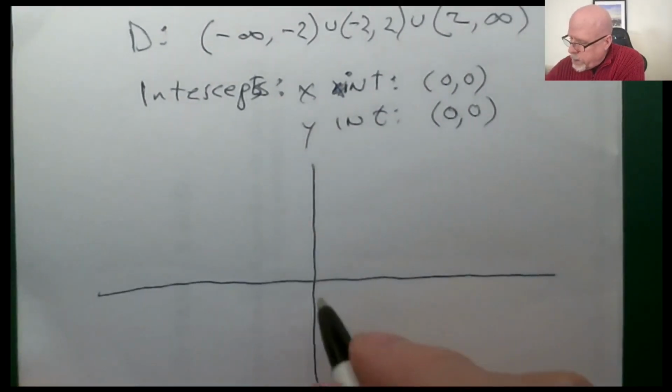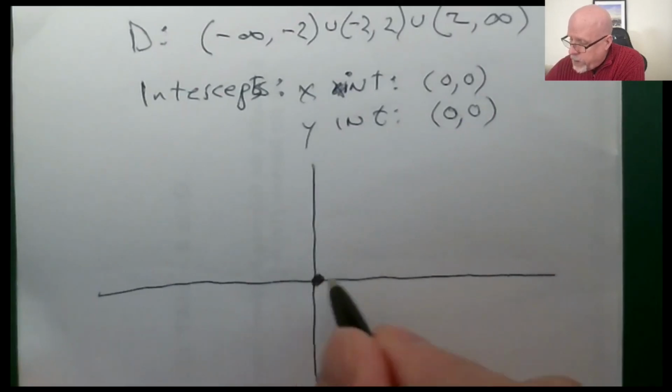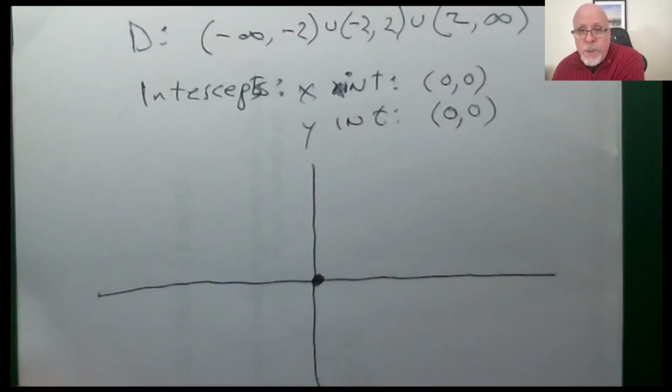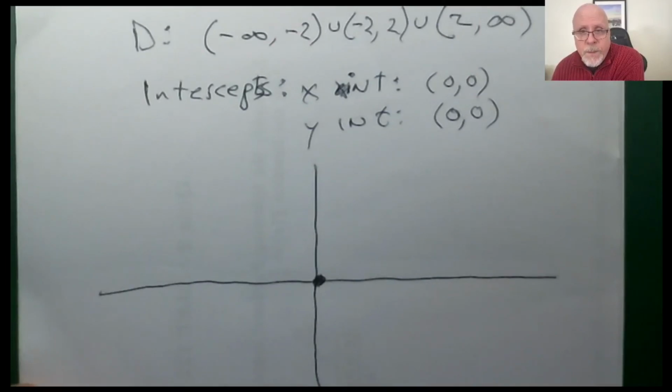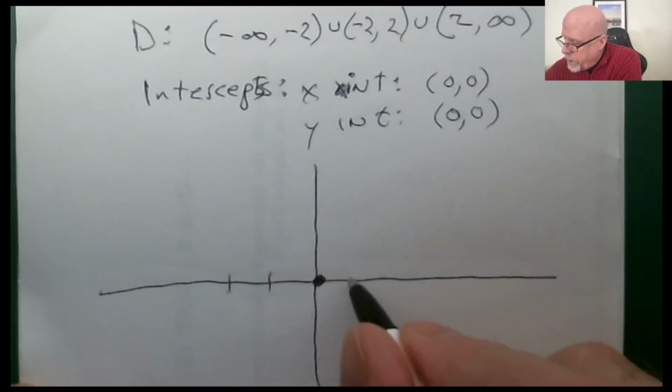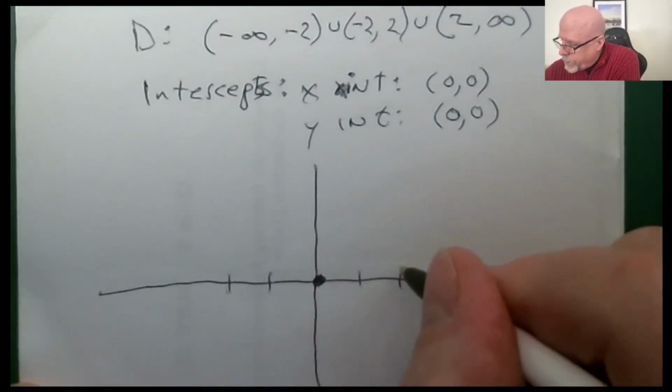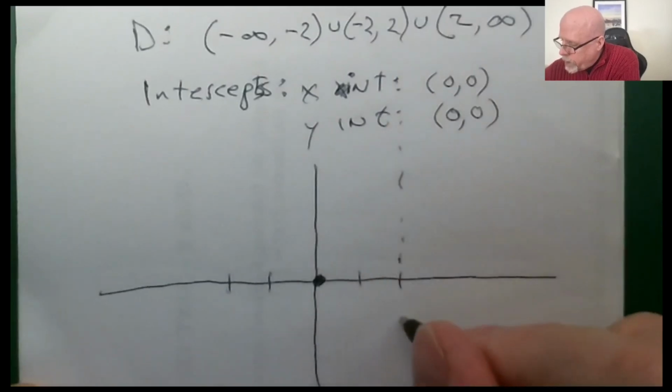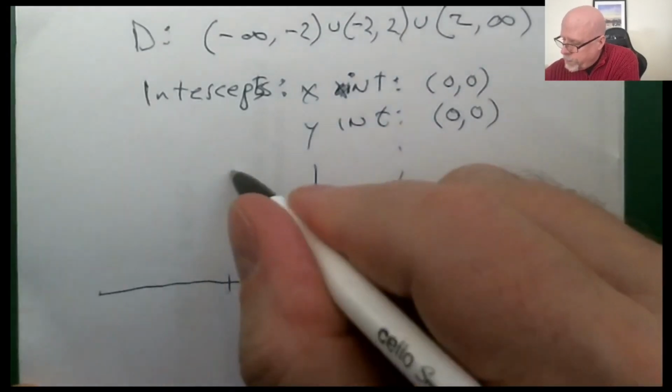Here's the x and y axes. The x and the y-intercept are at 0, 0. So that's a place where the graph crosses both axes. The vertical asymptotes happen at -2 and +2. And so we'll have vertical dashed lines above those positions.